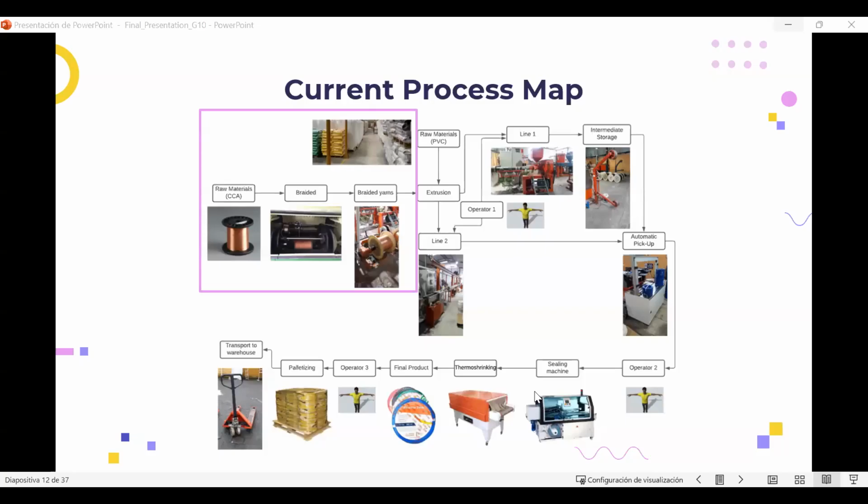From the process map of the company, as we can see, the process is divided into three stages. First, the braiding stage, where the CCA, that is the raw material, is braided, and later we obtain our braided wires.